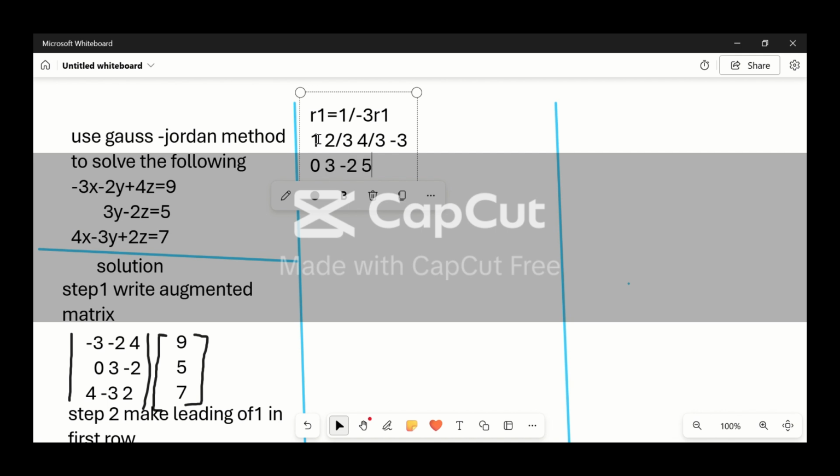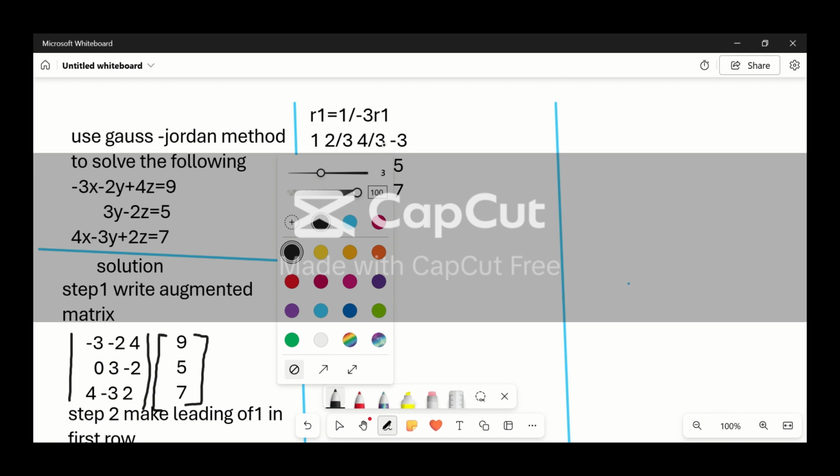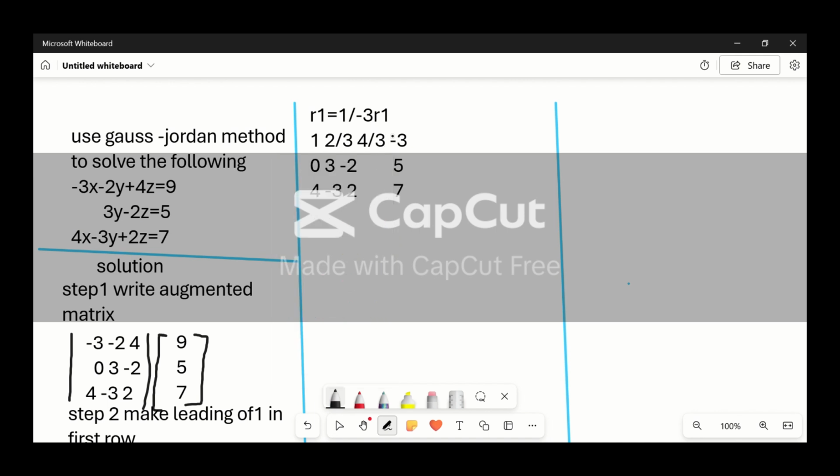Then the other part is 5, and also we have 4, -3, and 2, and here we have 7. The updated matrix will look like this.